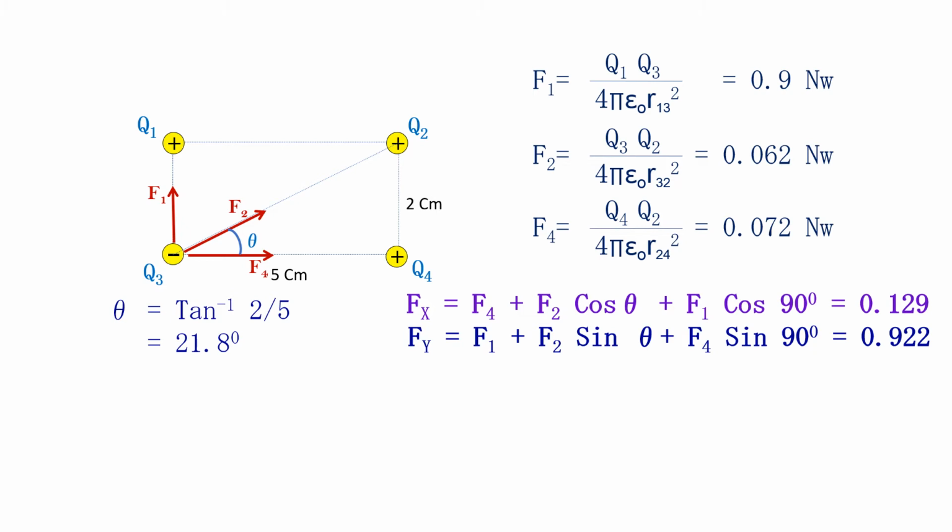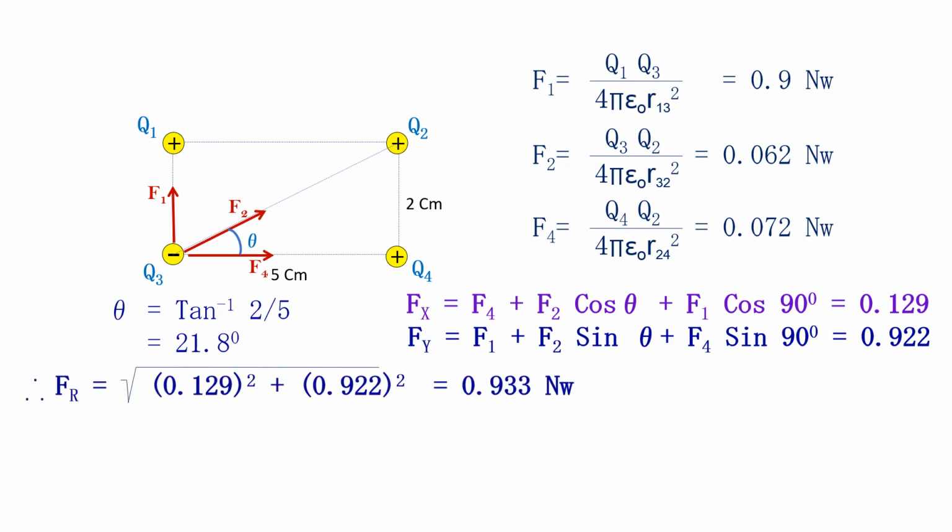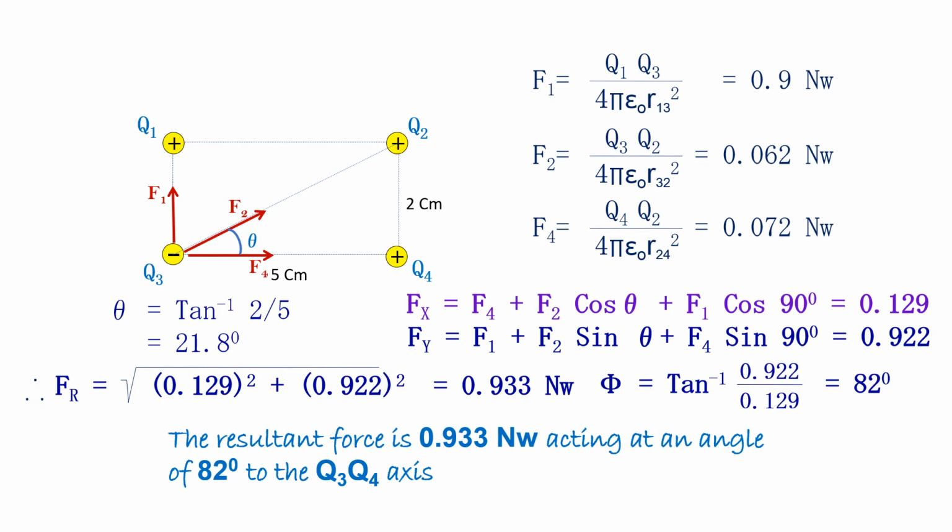You will get it as 0.922. The resultant would be the root of Fx square plus Fy square. You will get it as 0.933 newtons. The angle of the x and y components would be 82 degrees. So the resultant force is 0.933 newtons acting at an angle of 82 degrees to the Q3 Q4 axis.